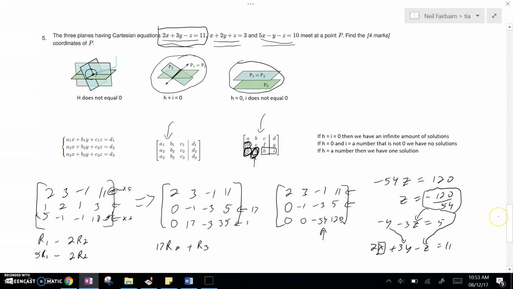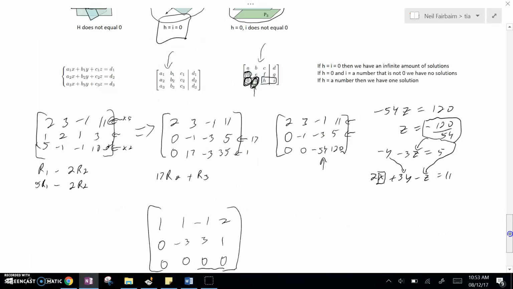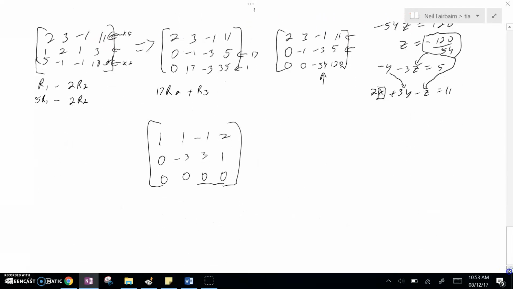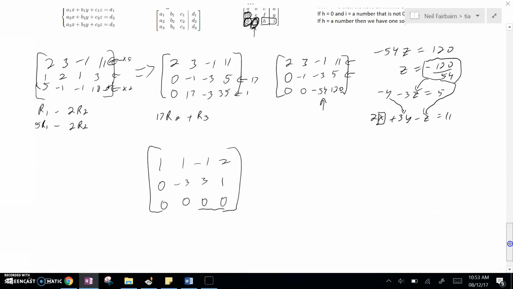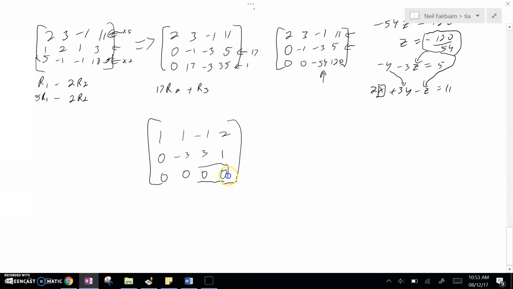Now you may be asking yourself, what happens if you have this case, if both I and h are 0? So let's look at another example. We've got this example here where your last two numbers are 0. So what that says is 0z is equal to 0. So there's an infinite amount of possibilities. So what we do is we're going to call z t.